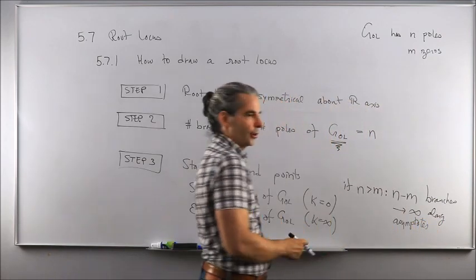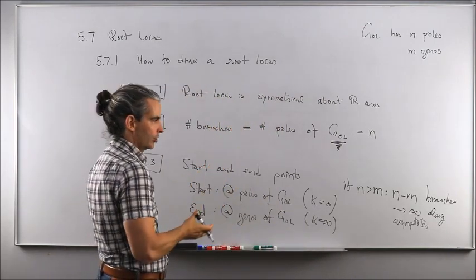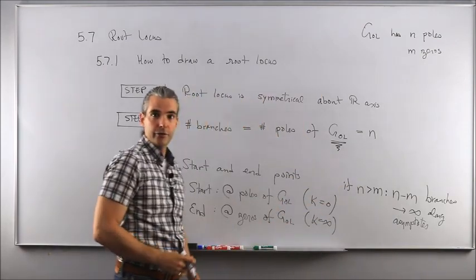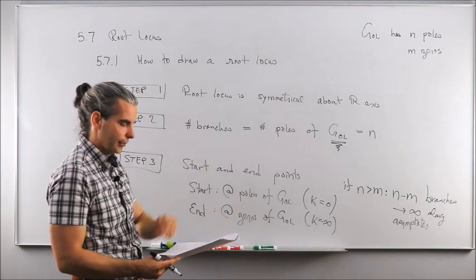Asymptotes are directions along which you have n minus m poles converging to at infinity in terms of the value of the static gain K, or Kp in the previous example.